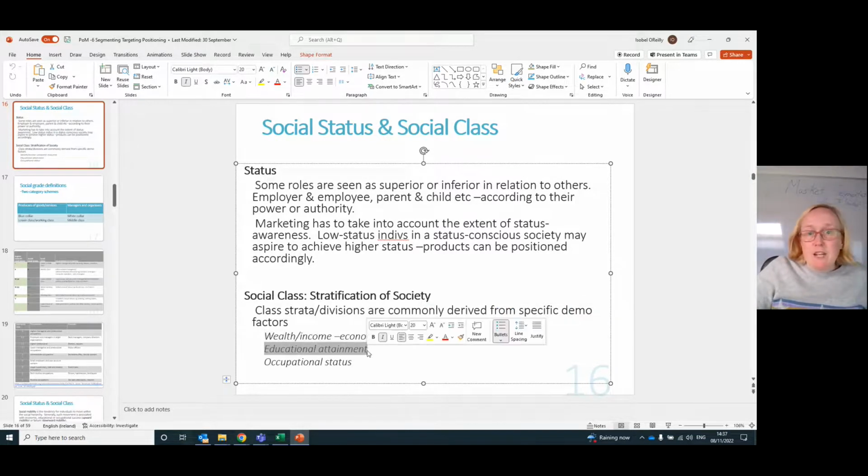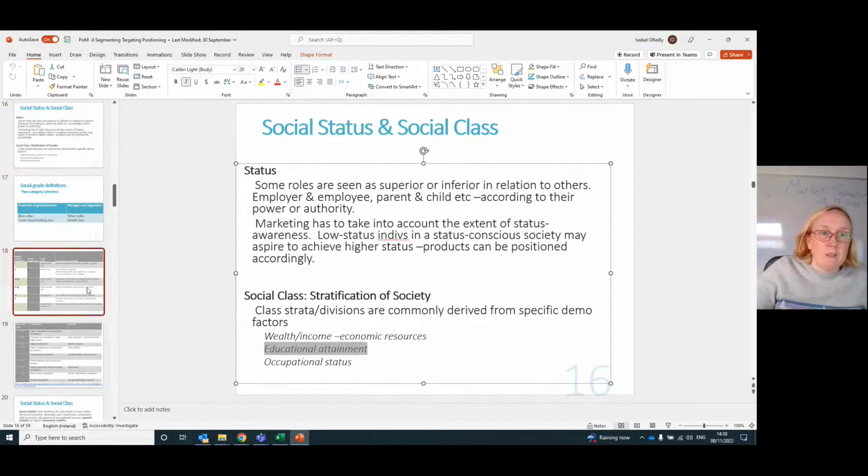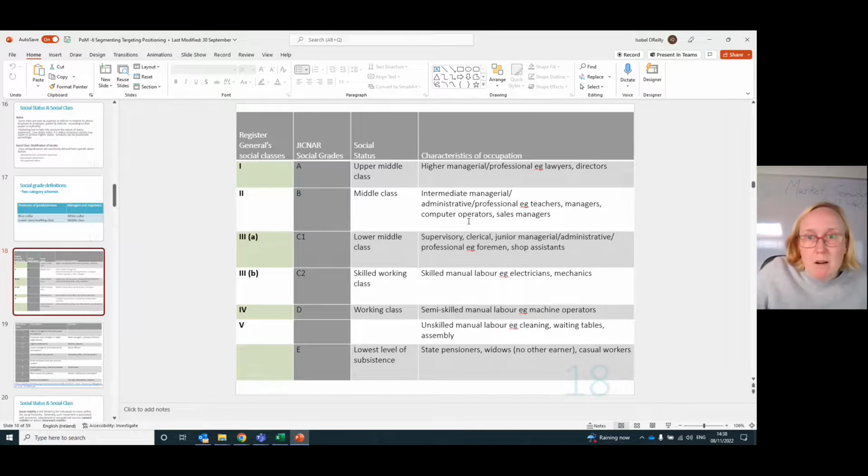Some people will reach a level of educational attainment that will move them up a level regardless of what they earn or own. And then specific occupations have higher class distinction as well. So those 3 elements are what decide an individual's class.